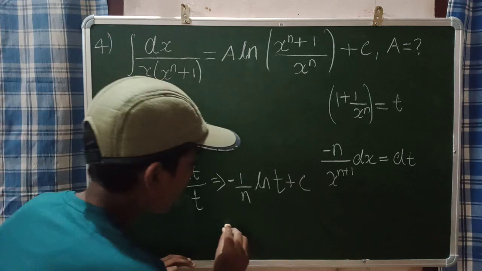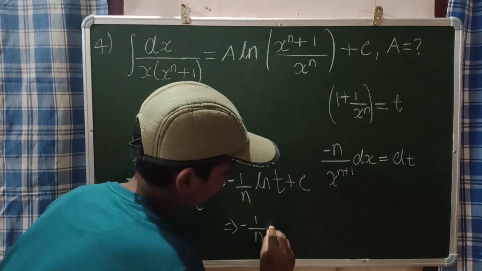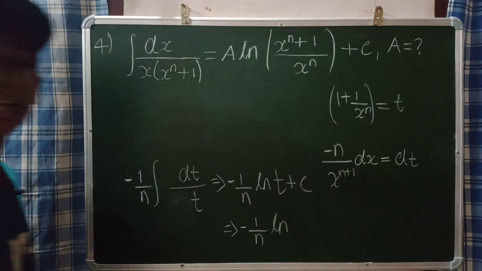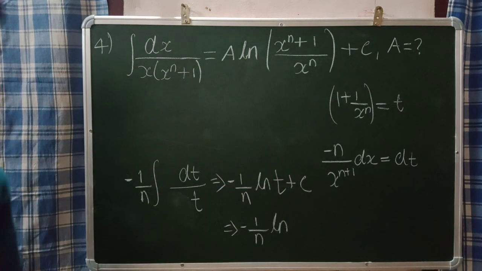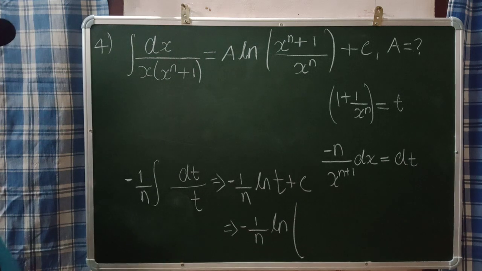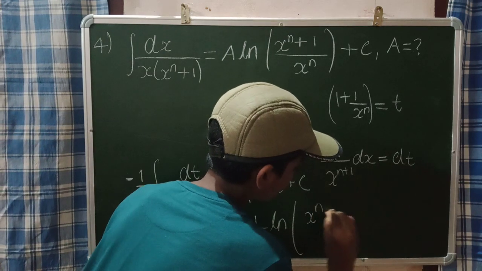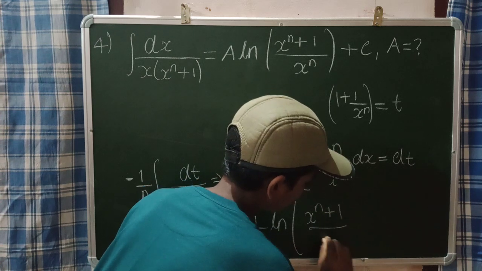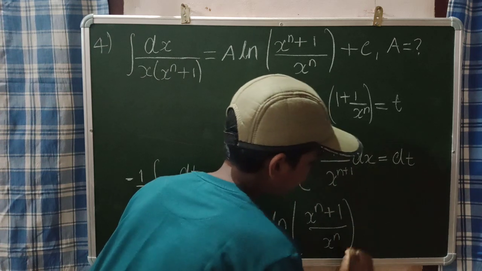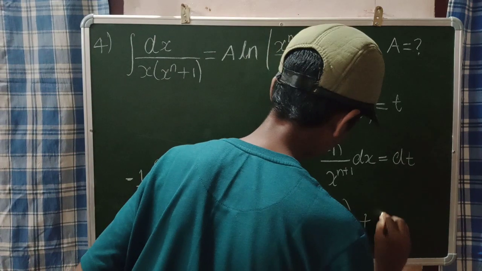Now, what is t? What did I take as t? I took 1 plus 1 by x to the power of n as t. What is 1 plus 1 by x to the power of n? That is nothing but x to the power of n plus 1 divided by x to the power of n. Correct, guys? So plus some constant.